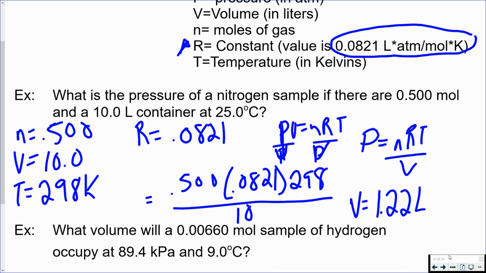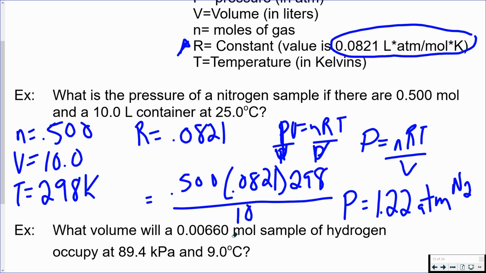Oops, P. My apologies. It's the second time I've done that. That is, P is equal to that in atmospheres, and that is due to N2.